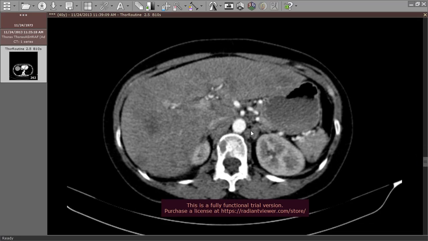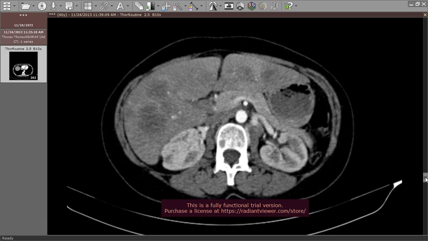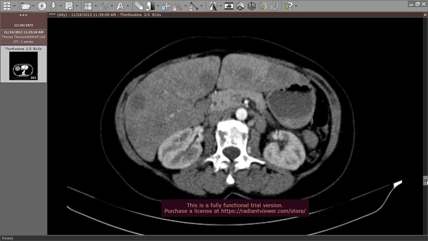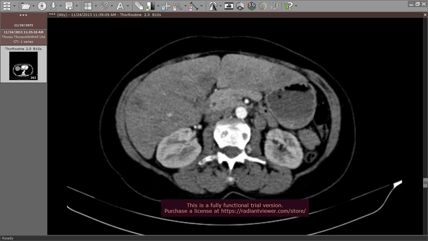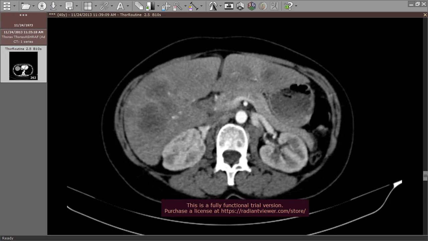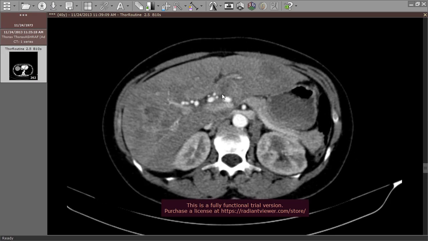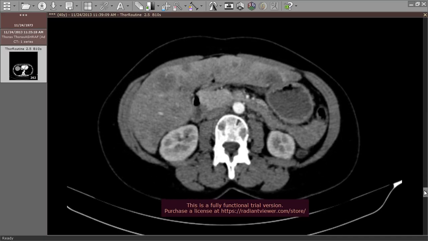Just below the adrenal gland we have something here. It's also pathological nodes in the upper abdominal region. This is also a non-regional lymph node, M1 stage, besides that of the liver, of course.